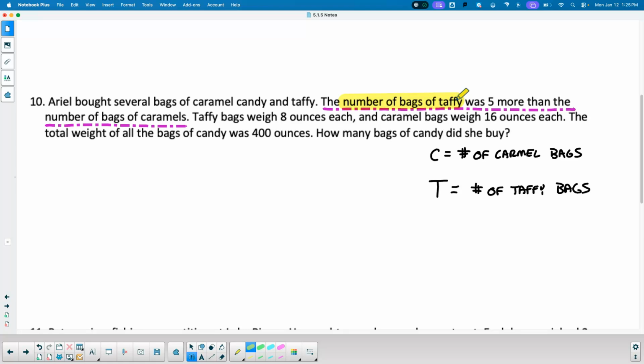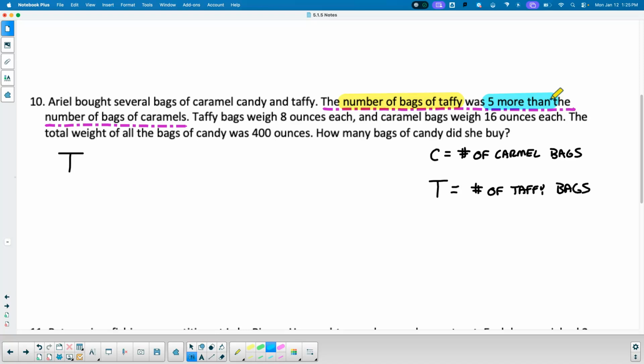What did we just get done defining it as? In yellow highlighter, what did we just get done defining it as? That's the capital T, right? So that's capital T. What's 5 more than that?